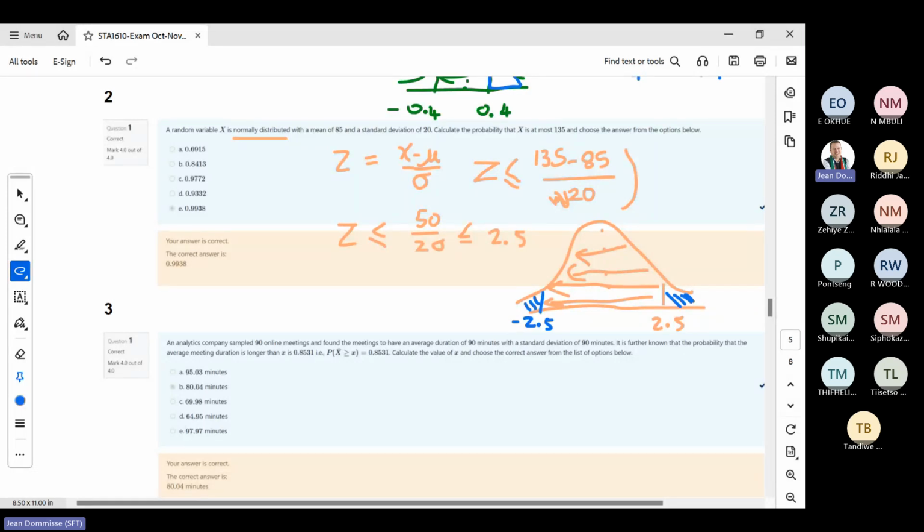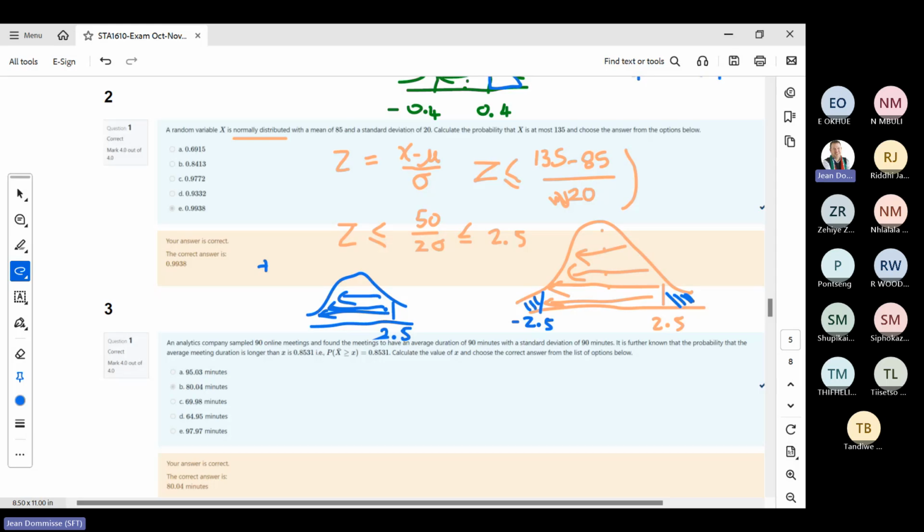So what we want is from the positive table, the value of the probability that it is smaller than 2.5. If you use the negative table, you would have needed to say 1 minus to get the bigger area. So you could just go to the positive table and read off the value at 2.5.